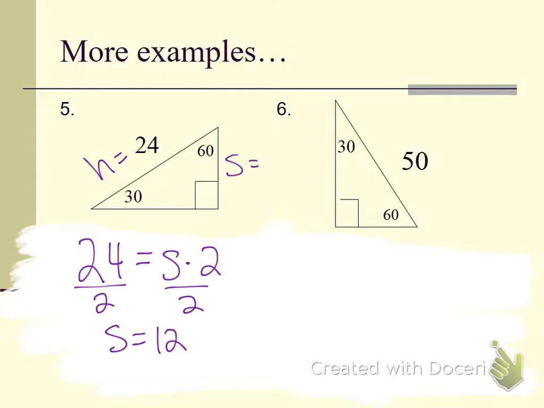Okay, and that means our long leg is 12 root 3. There's really no work to show for that. You're just plugging that number into our formula.